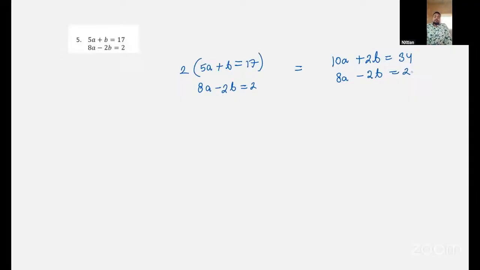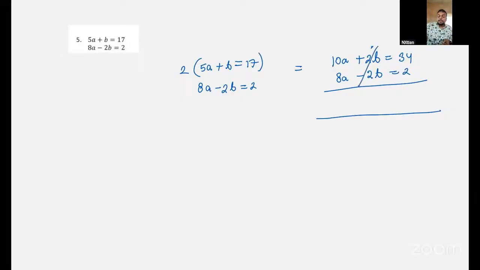But we don't need that here because the signs are already opposite. If the signs are not the same, we will simply add, and in addition the sign will not change. Are you getting me? Yes, sir. So this is plus 2B and minus 2B. What will it become? 0.